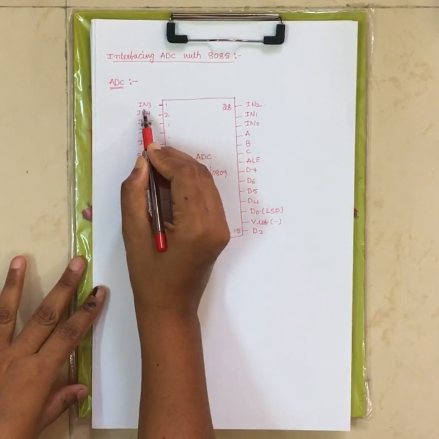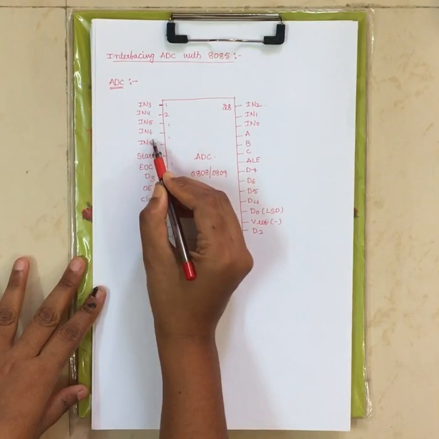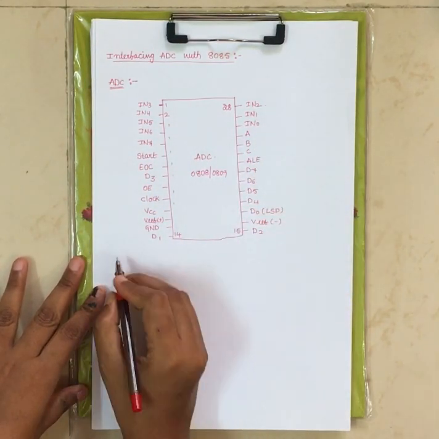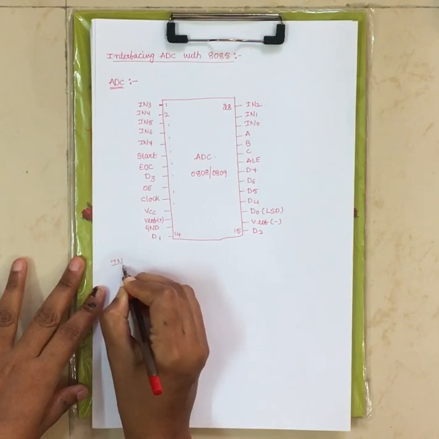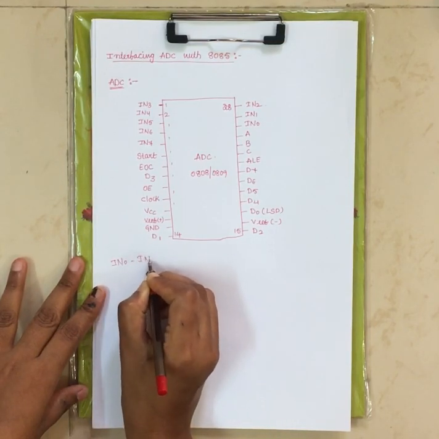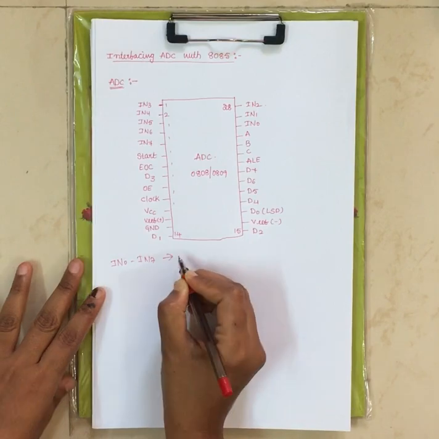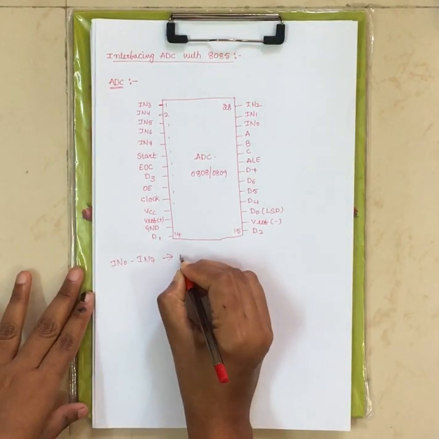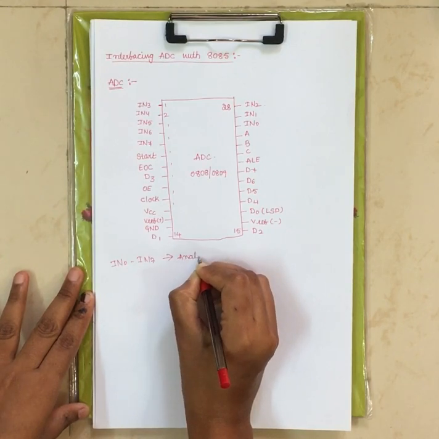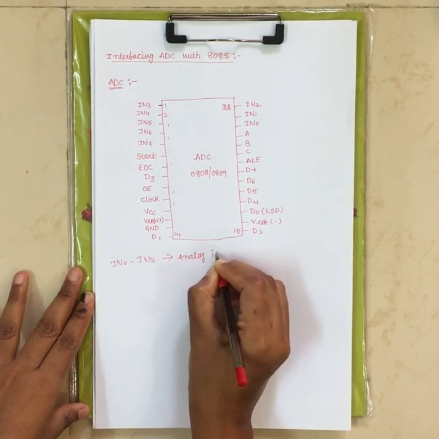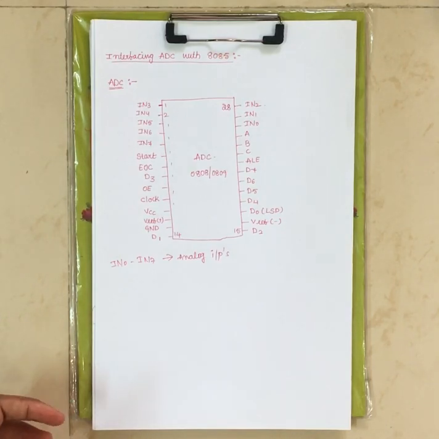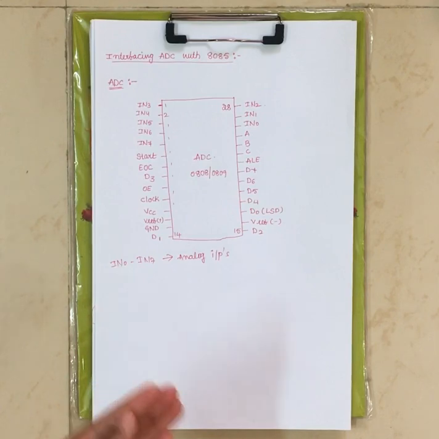Now we have IN0 to IN7. These are the pins through which you are providing the analog inputs, nothing but the input analog signal to your ADC.